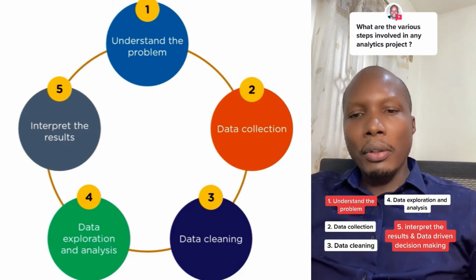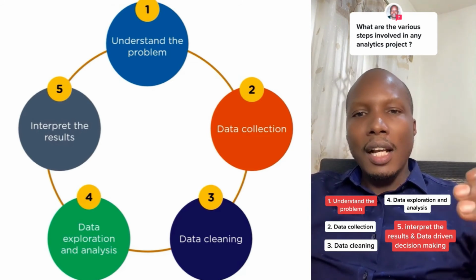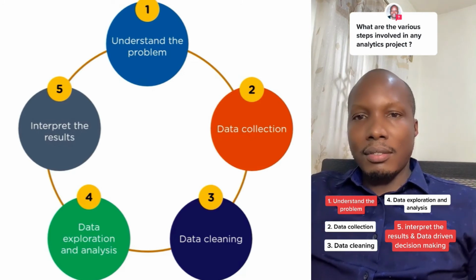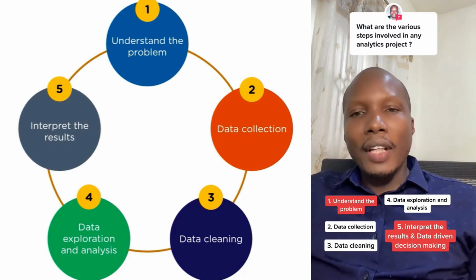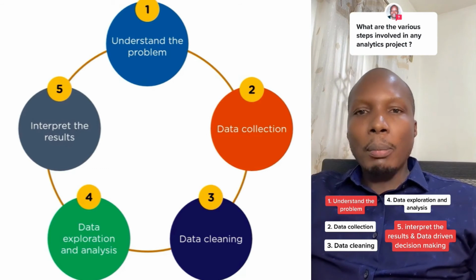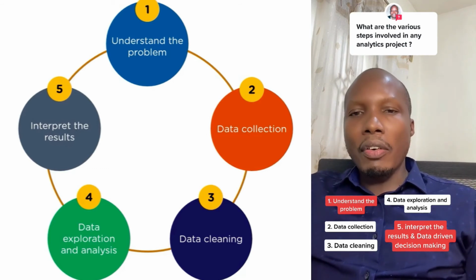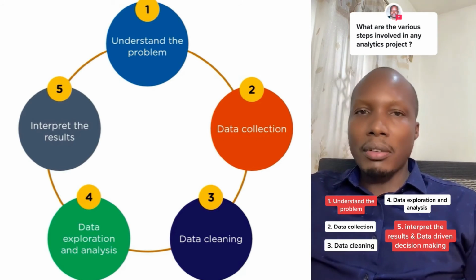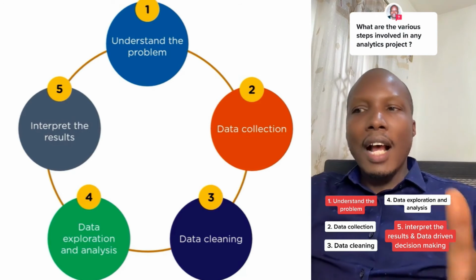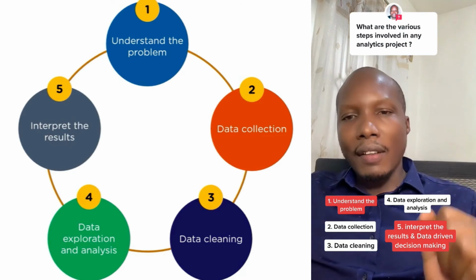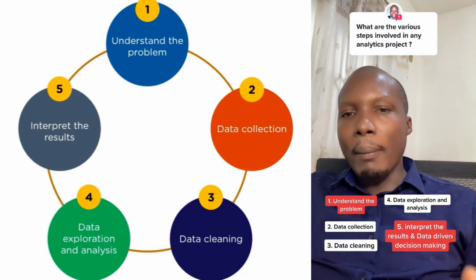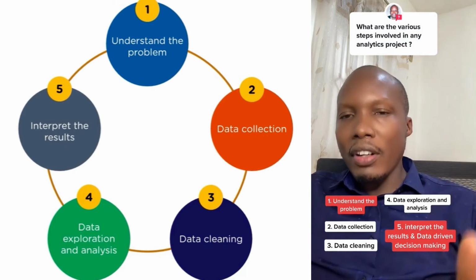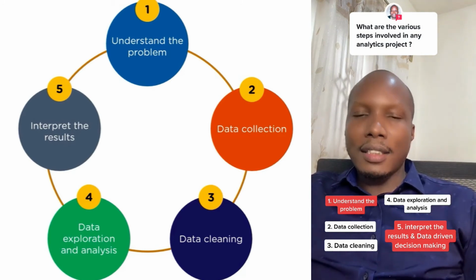So the moment you produce a report which is maybe wrong, with wrong or doubtful figures, it means at the end of the day, either they will not use your report, you'll have spent a lot of time doing that for nothing, or they are going to take wrong decisions. So those are the major steps we take, the 5 ones. But remember, the first step and the 5th step are very much vital in data analysis projects.